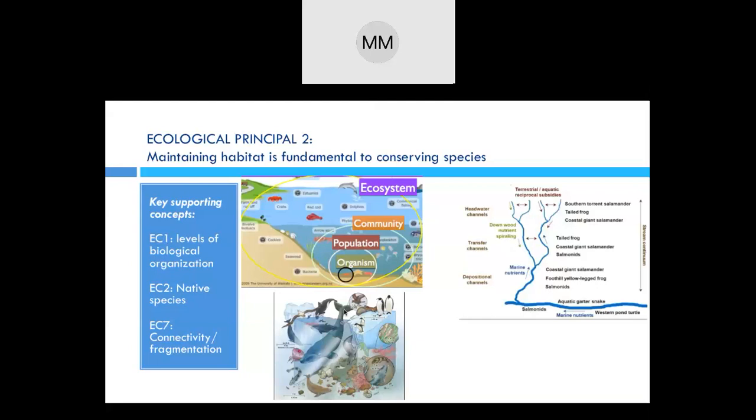Habitat can be considered at a range of spatial and temporal scales that include very specific microsites, for example, occupied by certain invertebrates or even lichens, or large heterogeneous habitats, or occupancy of habitat during certain time periods, for example, breeding sites, winter range areas.